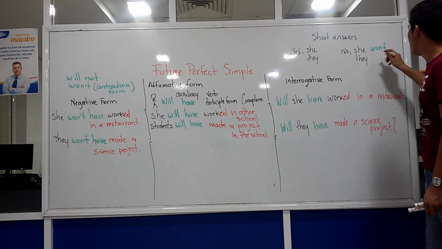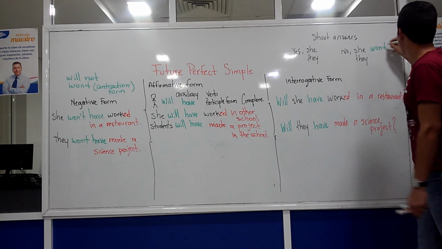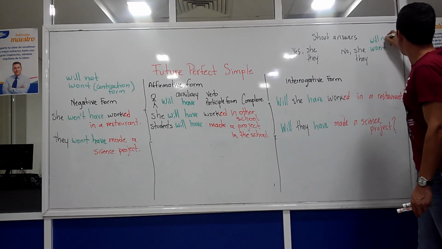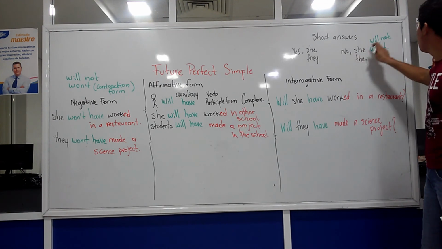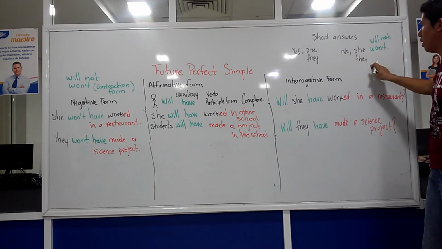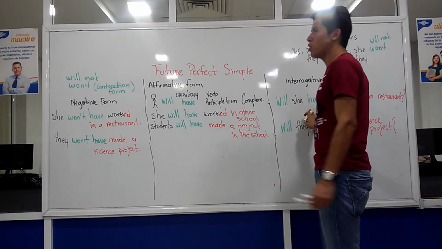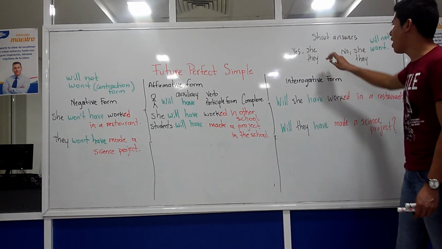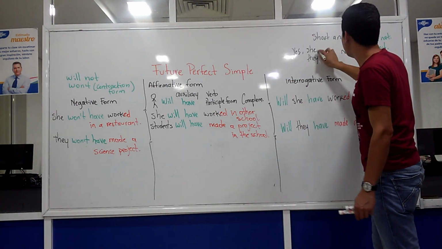The auxiliary won't, or maybe in this case I use will not. I can say no, she will not, or no, she won't. Okay, if the answer is affirmative, I say yes, she will.